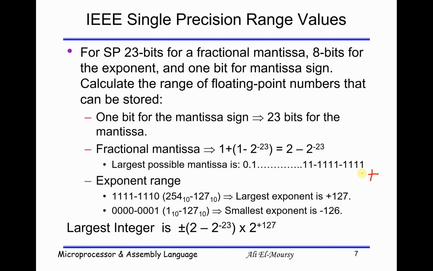If I add to this number another number that has only a 1 in the last bit and zeros in all the other 23 bits, this will give me exactly 1.0. When you do this addition, adding 1 to 1 gives 0 with a 1 carried out, and this carry propagates until it reaches the integer side here. So adding those together equals exactly 1.